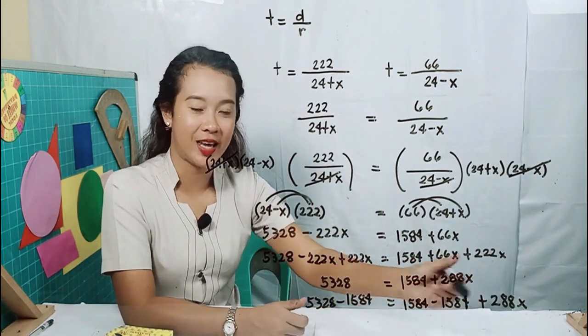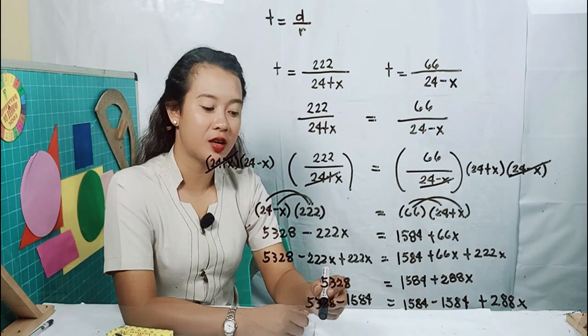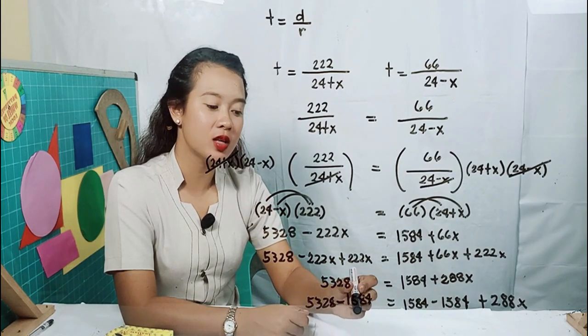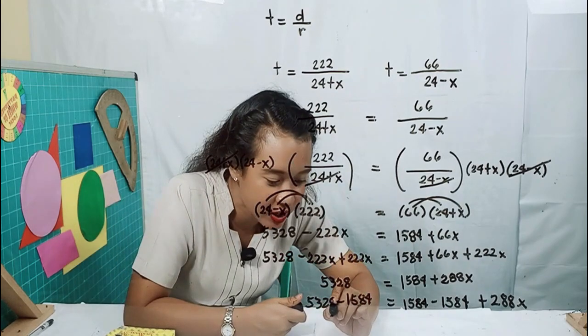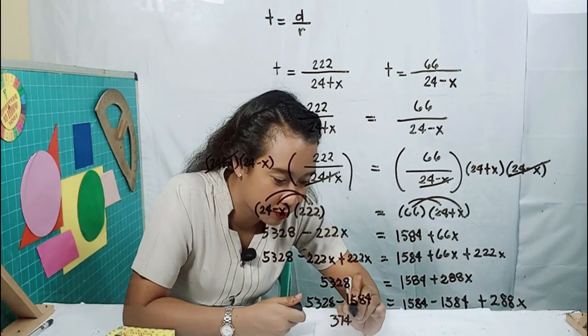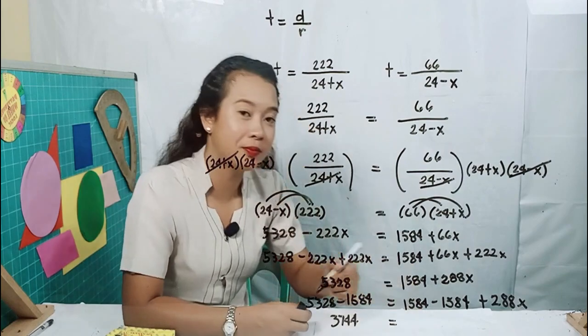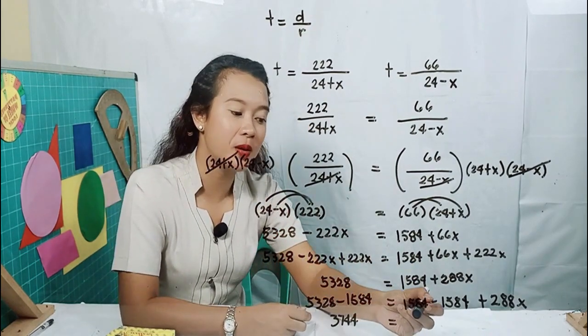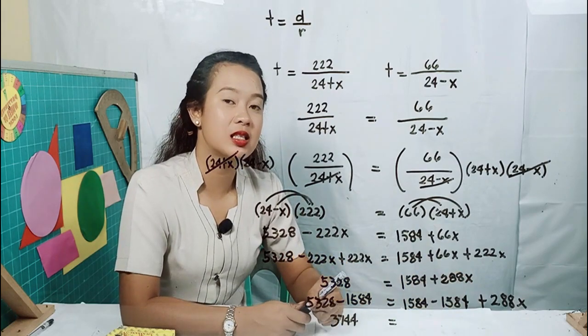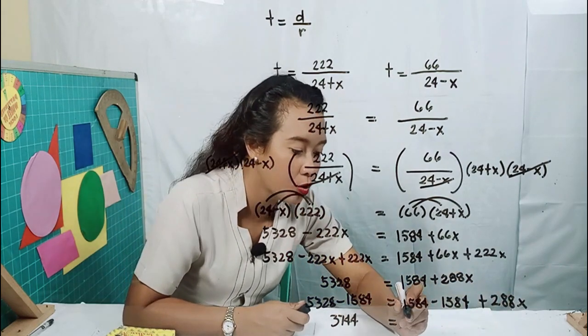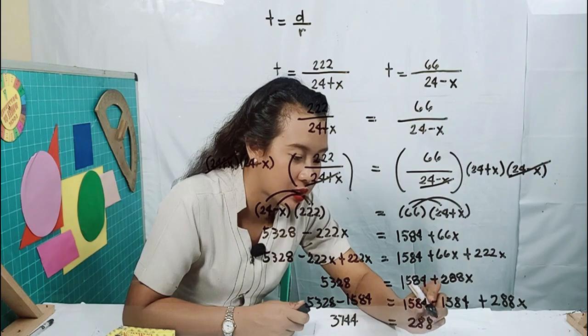Now, simplify. 5,328 minus 1,584 is 3,744 equals 1,584 minus 1,584 is 0 plus 288x.